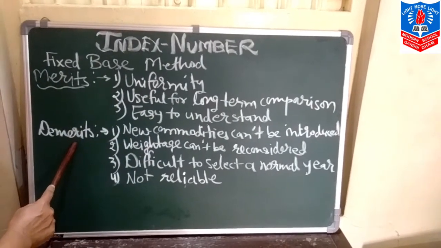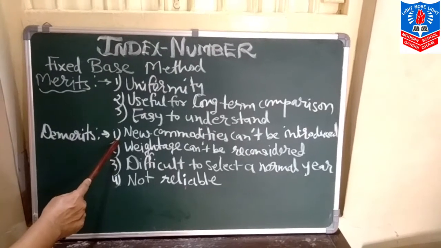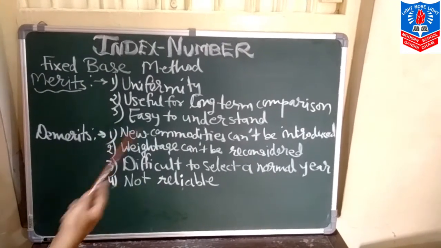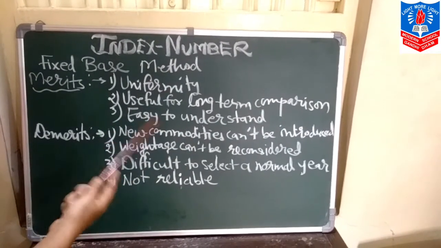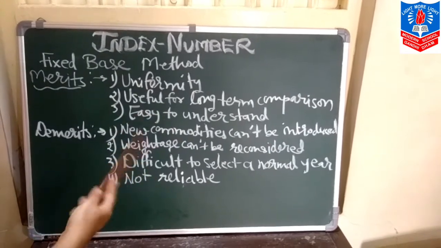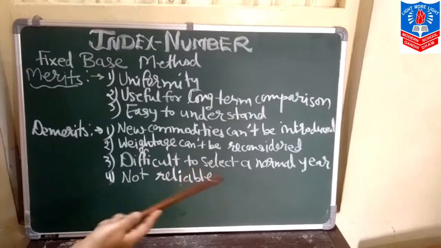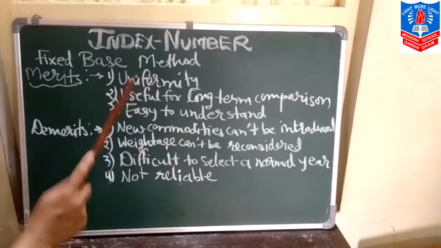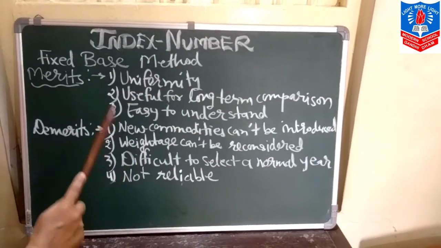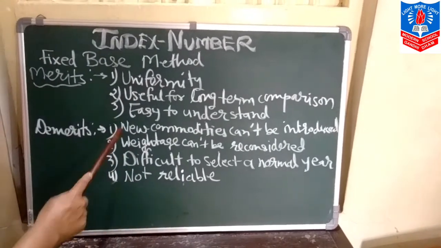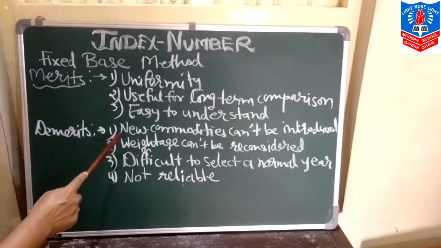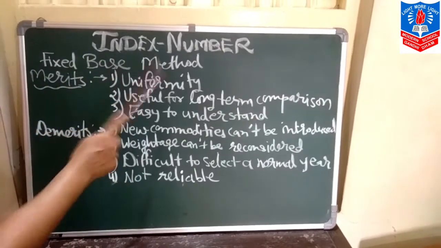Now come to the demerits. First demerit. With the change in taste, habits and customs of people, so many new commodities are required to be introduced, and some commodities are required to be removed, which is not possible in the fixed base method.